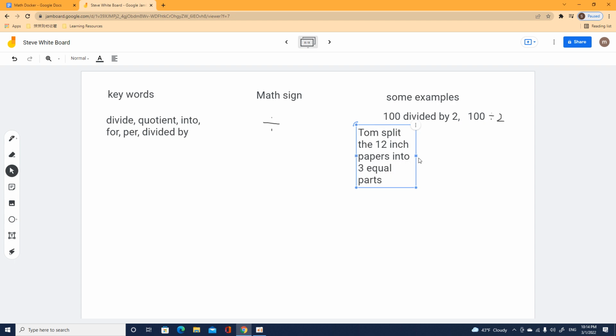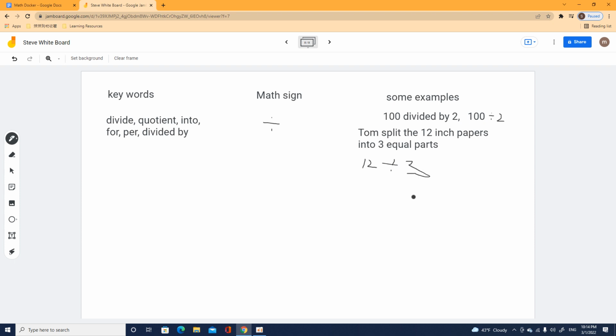So that means the expression will be 12 divided by 3. So that is about the division.